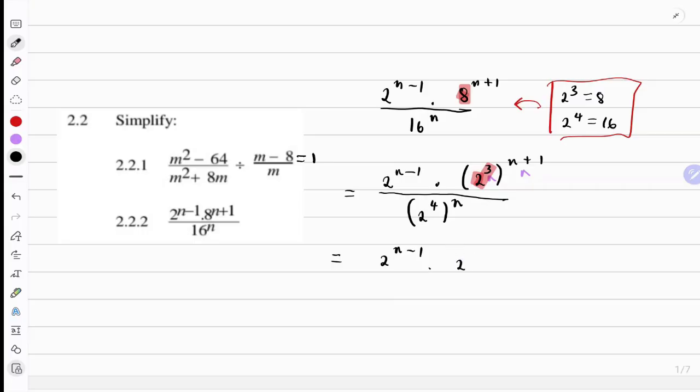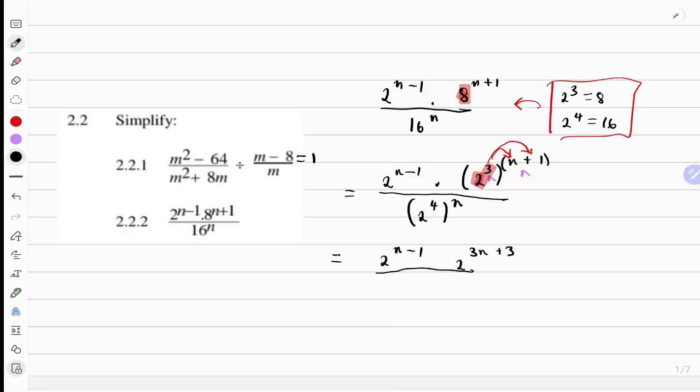So this is 2, and you multiply 3 with the whole power. So it's 2 to the exponent of 3 multiplied by n plus 1. What you need to do here is distribute the 3, multiplying it to n and to 1. So this will be 2 to the power of 3n plus 3.